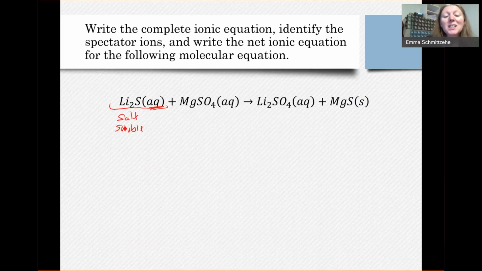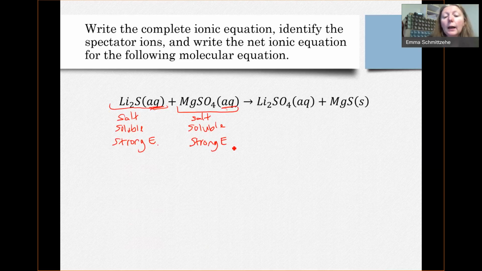If it's a soluble salt, it has to be a strong electrolyte. The next one, magnesium sulfate, is another salt, and it is also soluble because it's already listed as aqueous. I don't even have to look it up, meaning that it is also a strong electrolyte.